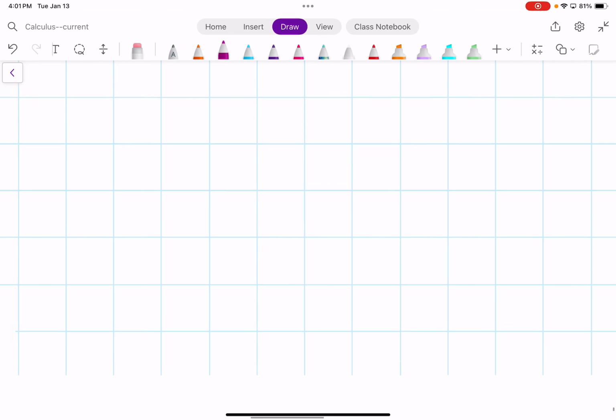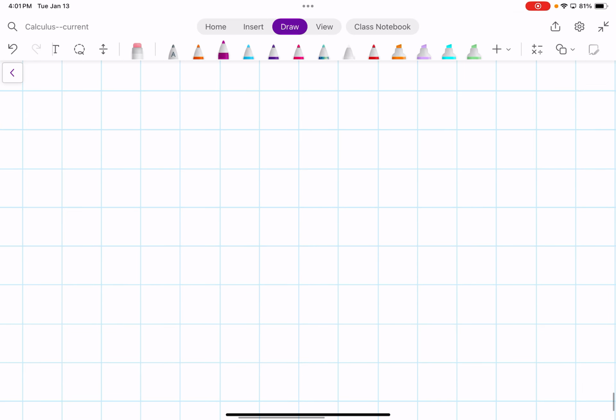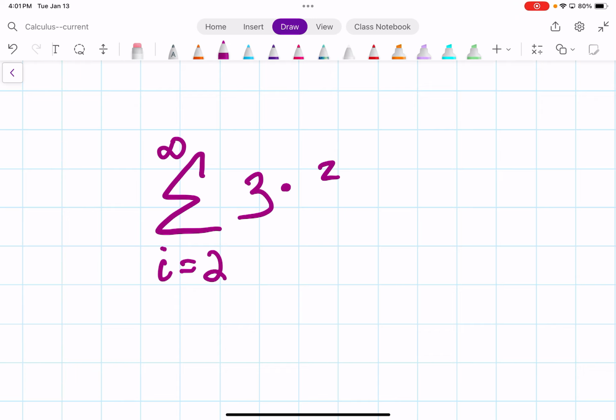Okay, so what about this? What if I would say the summation from i equals 2 to infinity of 3 times 2/5 to the i.